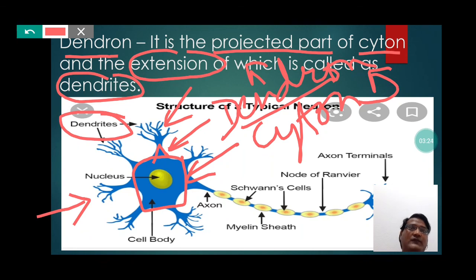Students, the main function of dendrites is to receive the sensory impulses from various sensory organs and further dump it in the cyton.